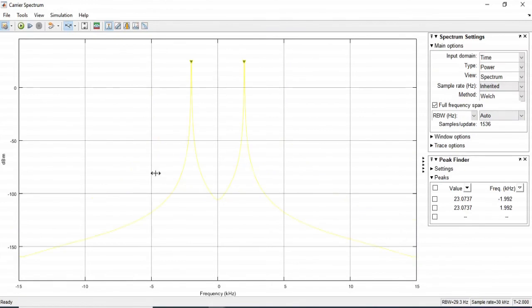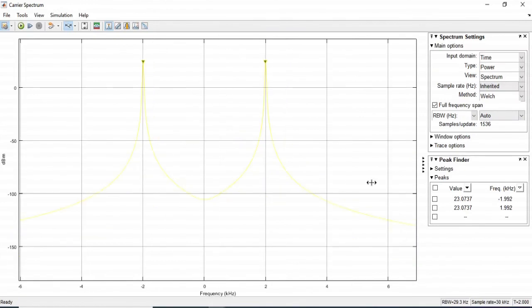This is the carrier. So again, the carrier is across 2 kilohertz. So we have roughly 2 kilohertz plus and minus over here.